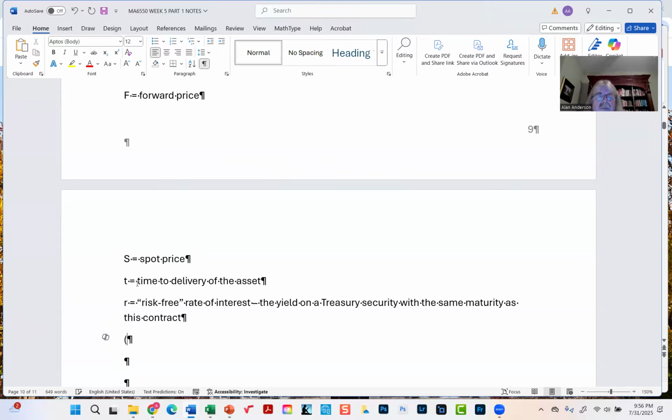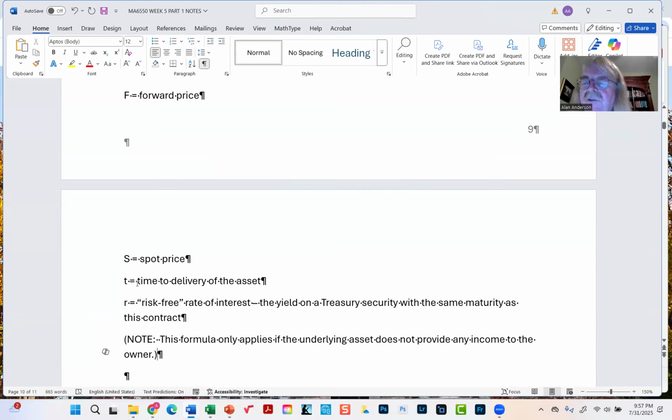Now, I'm going to put an important side note here. This formula only applies if the underlying asset does not provide any income to the owner. And of course, that would be true with gold.